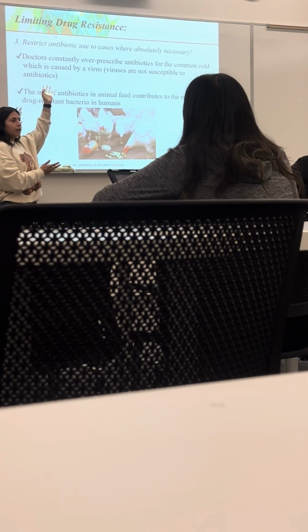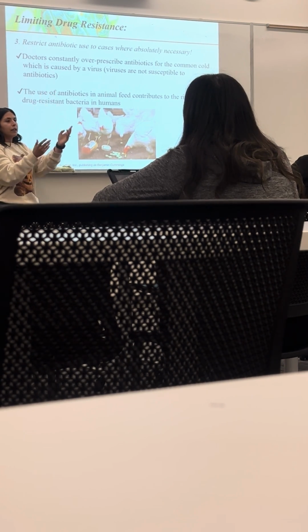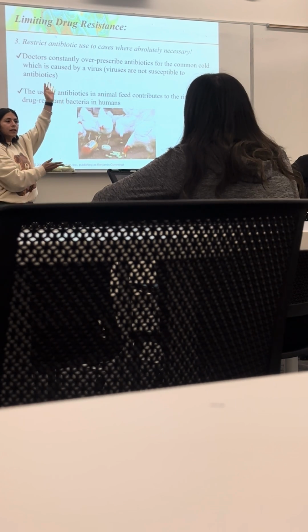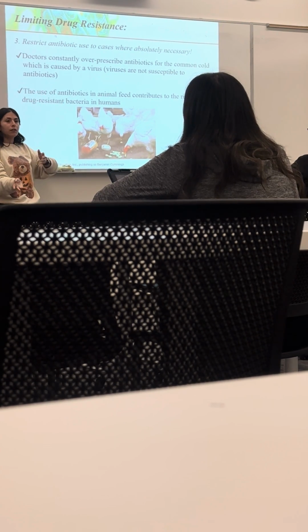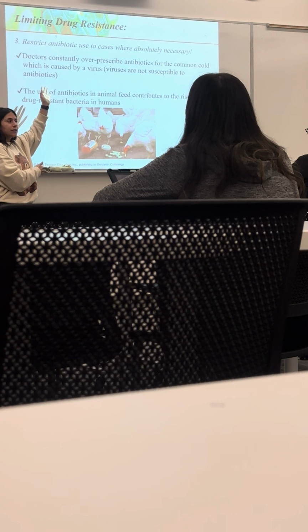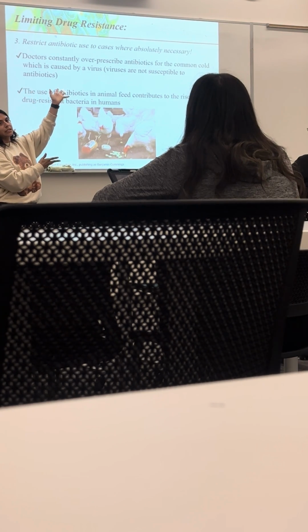Because they don't want the animals to die. If they die, can you sell them? No. So they give them antibiotics so that they don't get sick and they don't die, and so that they make it to the market. But what happens is now you have animals with antibiotics that you then consume. So you can expose yourself to antibiotics by consuming products that are full of antibiotics.